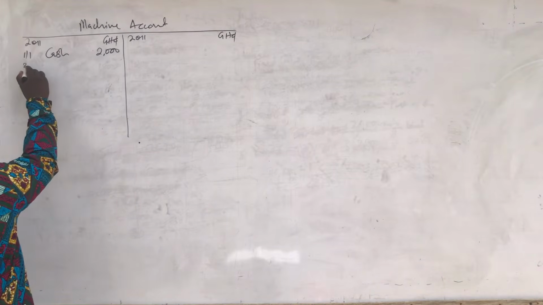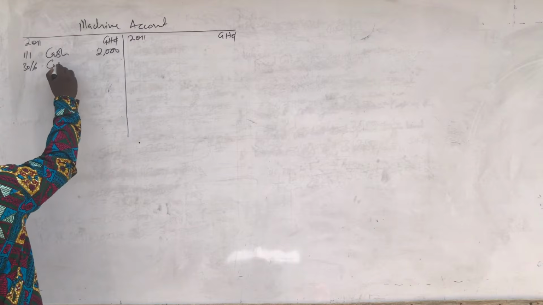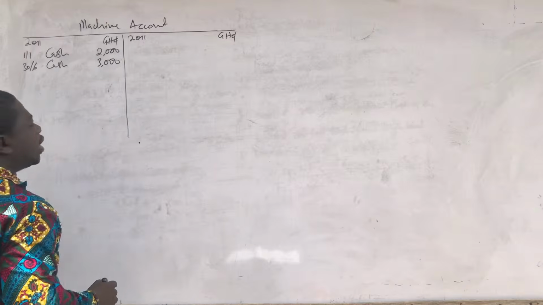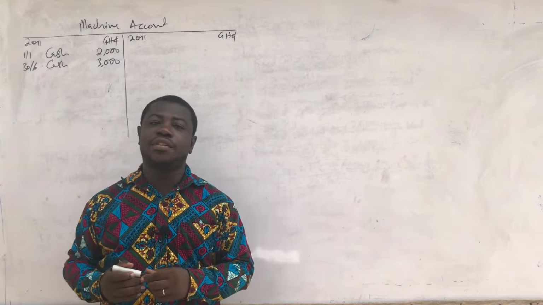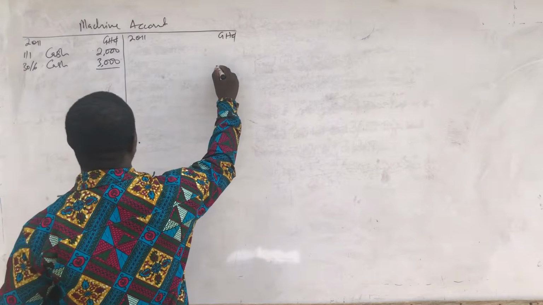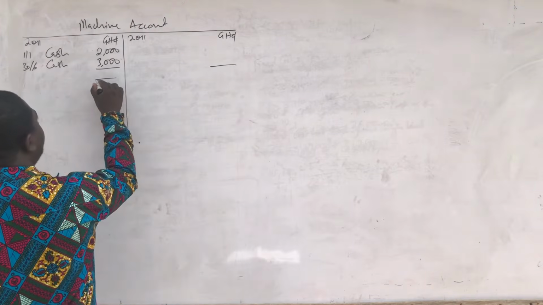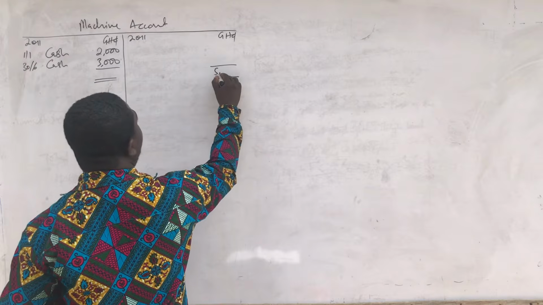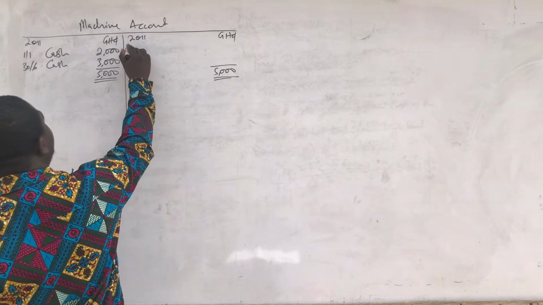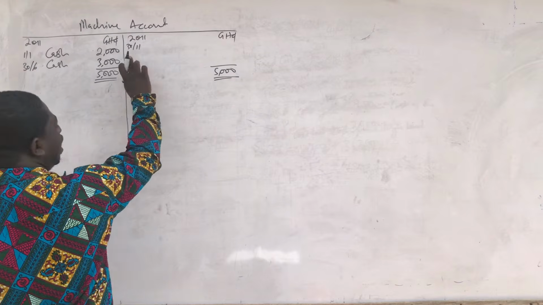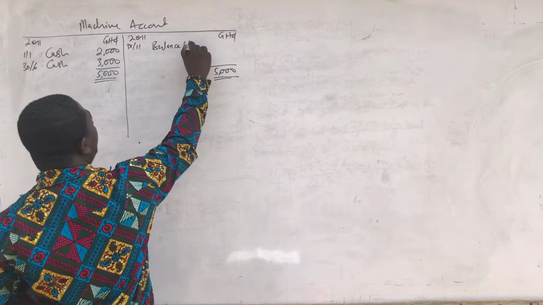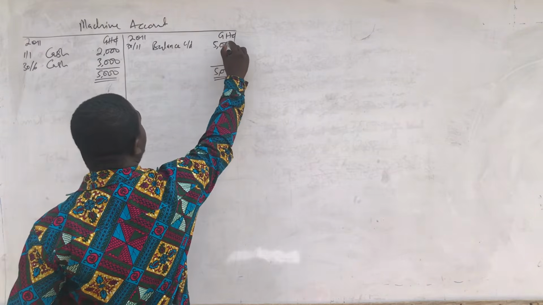And then on the 30th of June, there was machine number 2, which is also bought at 3,000. So that is the only thing we did for the 2011 financial year as far as the cost is concerned. And so we can just balance that off for 5,000. And then we'll say 30th of November, because the accounting year ends in November, there will be a balance carried down of 5,000.